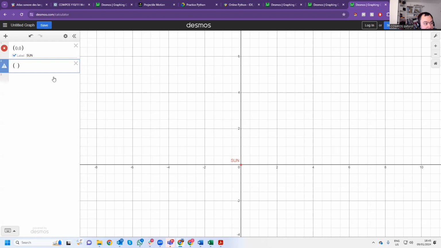And then we can make a planet. The planet will go like 4 sin t, 4 cos t.